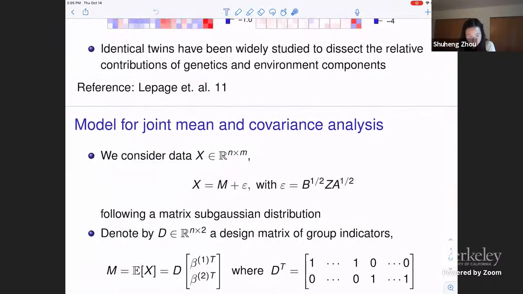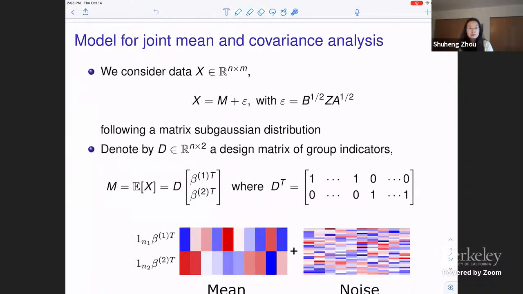First, I want to set up a mathematical model, which is idealized, but can serve as a prototype to start the conversation about how to deal with the complex dependency arising from this type of data. Here I model the microarray data as the sum of two components: one is the mean and one is the noise.